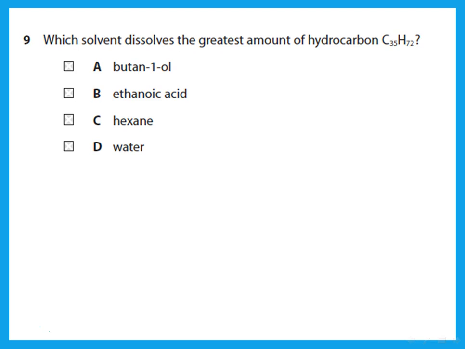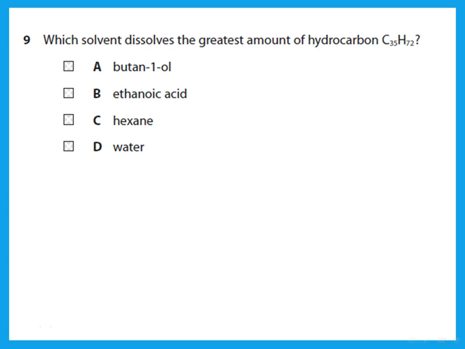Which solvent dissolves the greatest amount of hydrocarbon? Remember that a solvent would dissolve something that is similar to it. So this is a hydrocarbon. That means it has only van der Waals forces between the molecules.